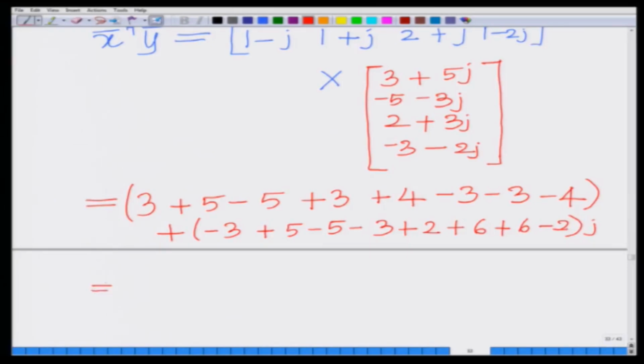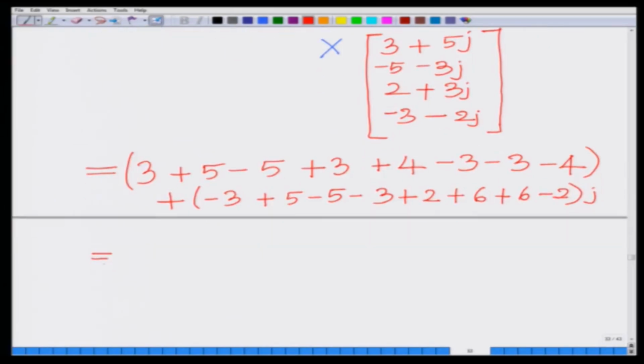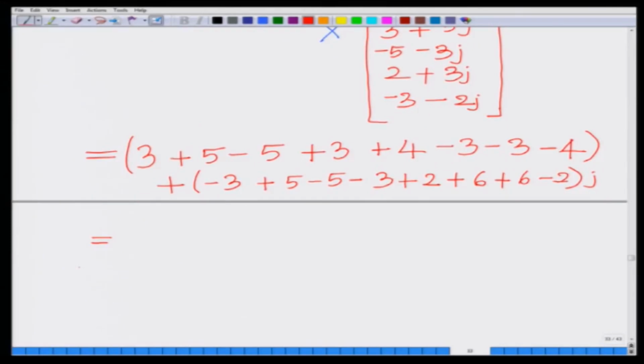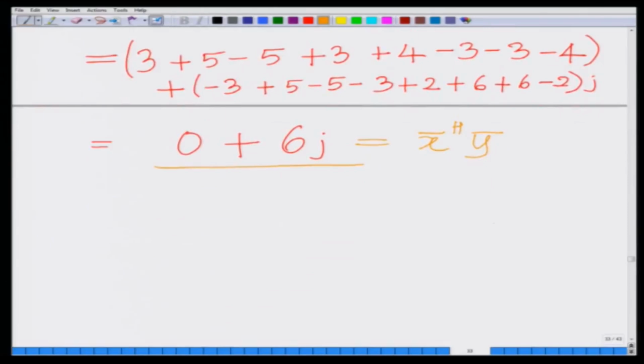You can check this through computation of x bar Hermitian y bar, and therefore this is equal to real part 0 plus imaginary part 6j. So this is your x bar Hermitian y bar, and now we have computed both the quantities.